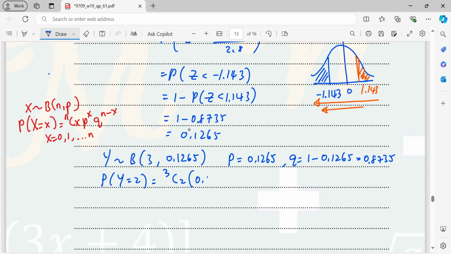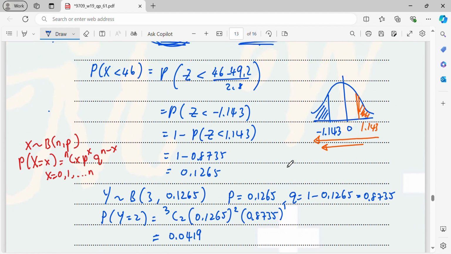Then p is 0.1265 to the power 2, and q is 0.8735 to the power 1. So at last, you will be getting 0.0419. That is your probability that out of 3 athletes, exactly 2 have PBs less than 46 seconds.